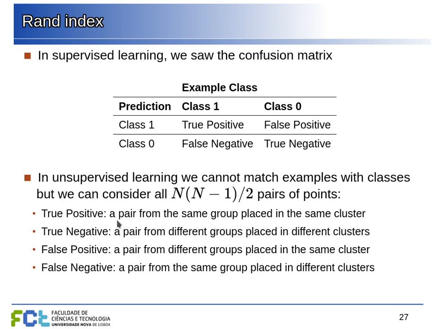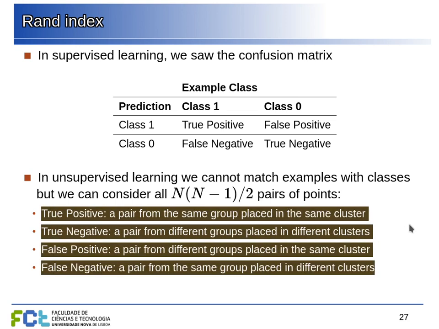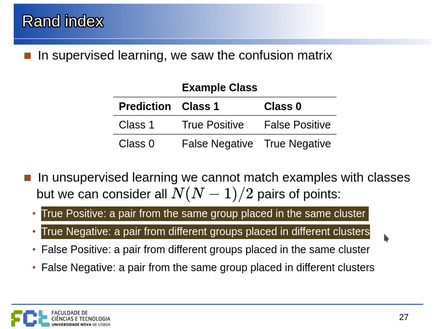These groups can be labels such as class labels that we can use for supervised learning, or they can be clusters from a different clustering algorithm if we are comparing different clustering algorithms. So basically, these true positive and true negative are the agreements. A true positive is when a pair of points that have the same label, the same group, are placed in the same cluster, and a true negative if they come from different groups and are placed in different clusters.